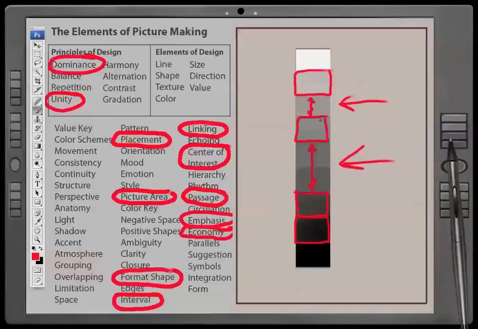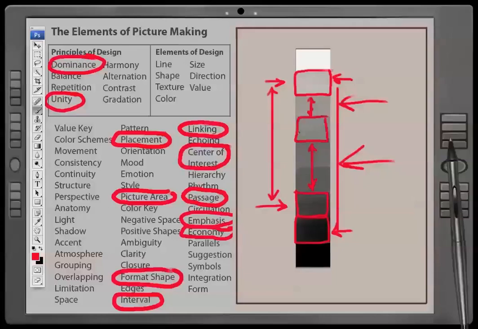In addition to that, you need to consider the interval between this value and this one here, which adds another interval that is greater than either of these two. And in addition to that, you need to consider the interval between this value and the one way down here. So now there is an even greater interval between the values. So there are a number of different values and a number of different intervals between these values, creating interest through the fact that all of the intervals between these values are different.